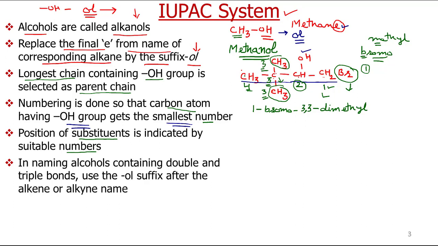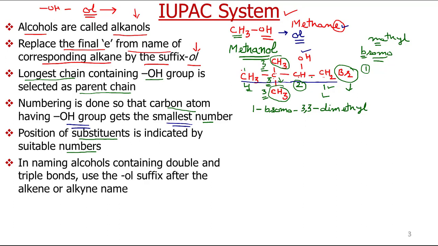So how many carbons does the longest chain contain? 1, 2, 3 and 4 carbons. So what will we use? Butane. The name of the alkane having 4 carbon atoms is butane.